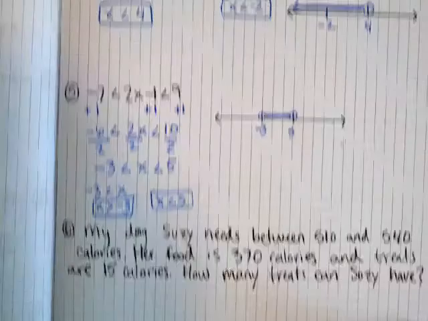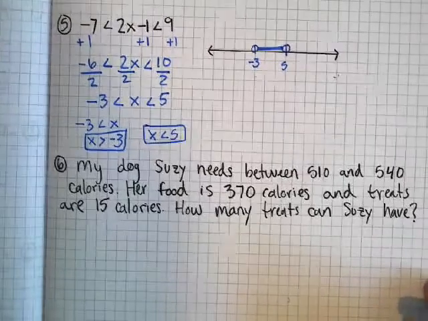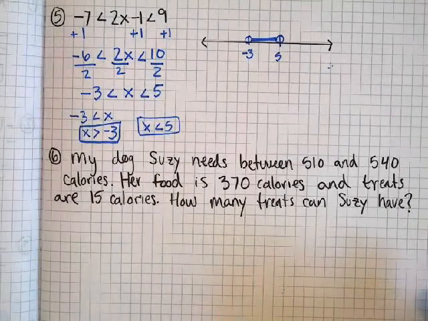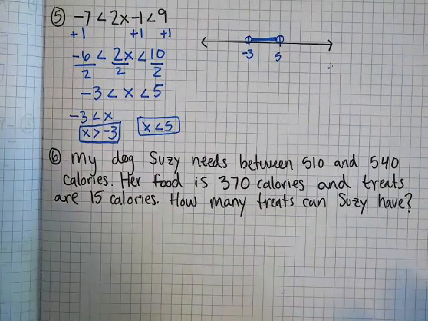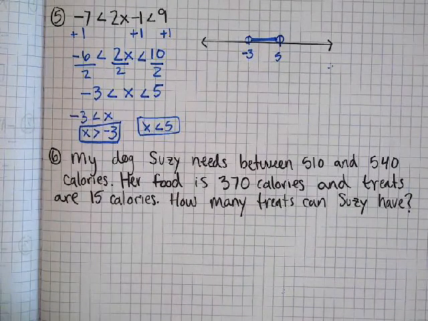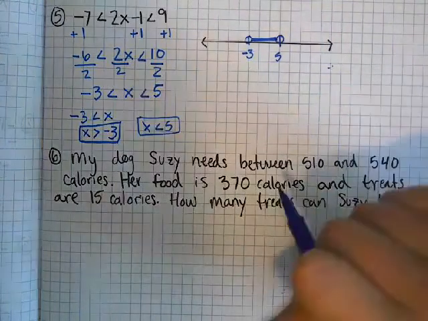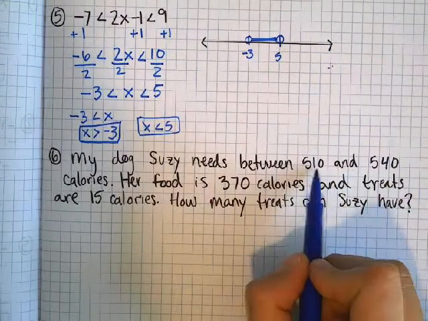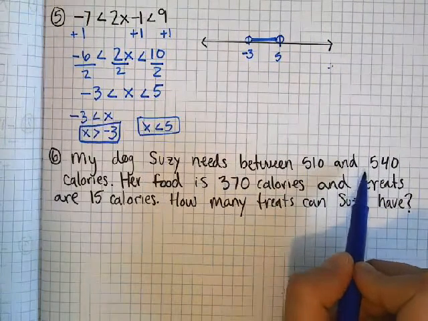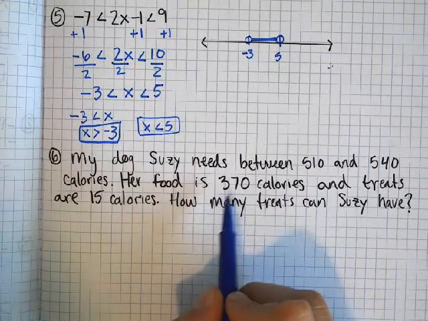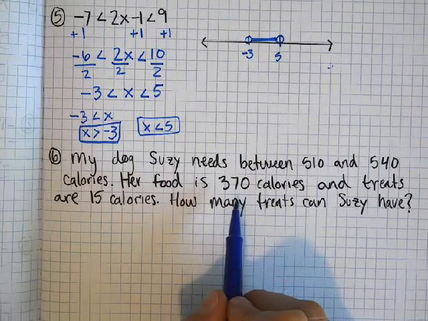Now, this is our first word problem out of these examples. So don't shy away from word problems because they're just the same. It's the same stuff, just a few more words. And if you don't do it, then my dog Susie's going to get mad. So she needs between 510 and 540 calories.